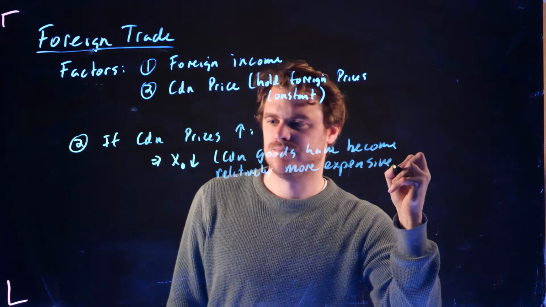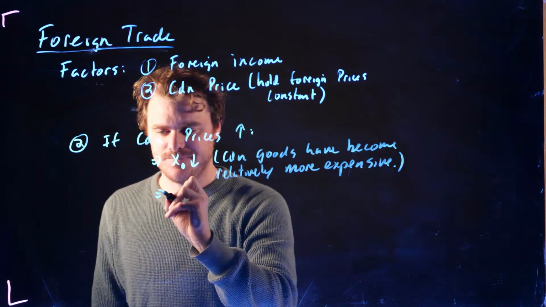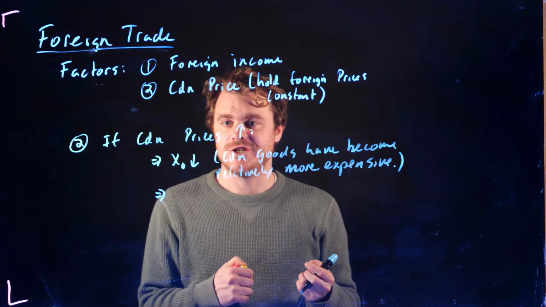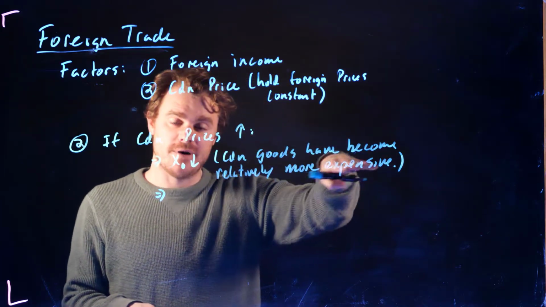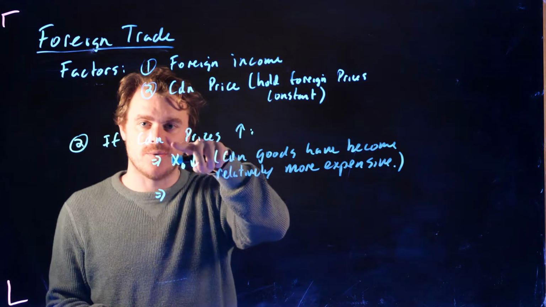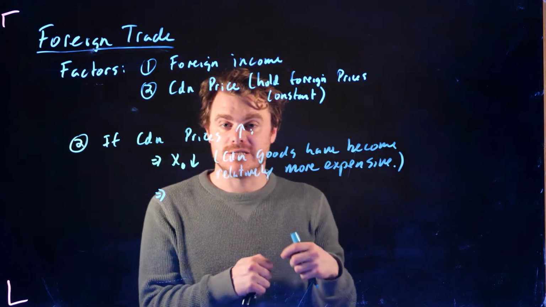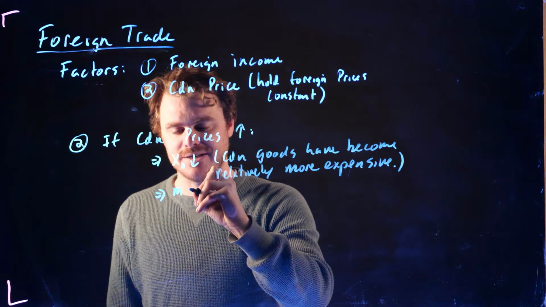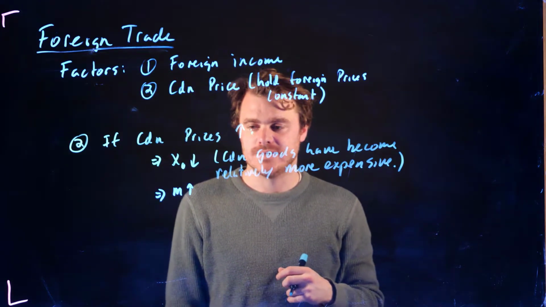And the other thing that's going to happen is that our imports are going to change. So other people from other countries are going to import less Canadian goods, so that's why our exports are going down. But all of a sudden, our goods are relatively more expensive as well. And so what's going to happen is that M is going to increase. We're going to start importing more goods.